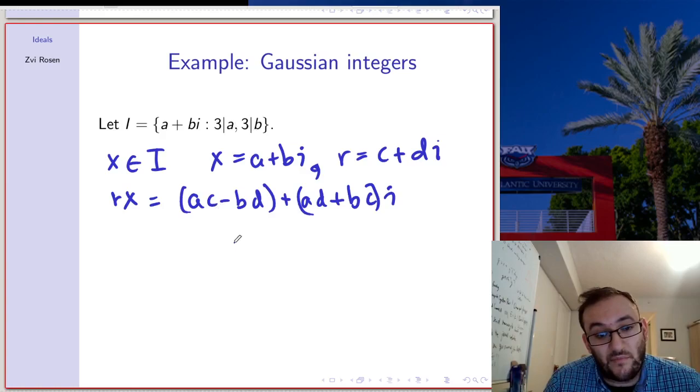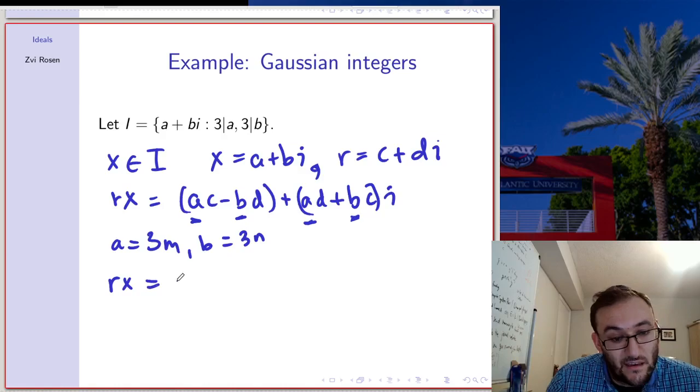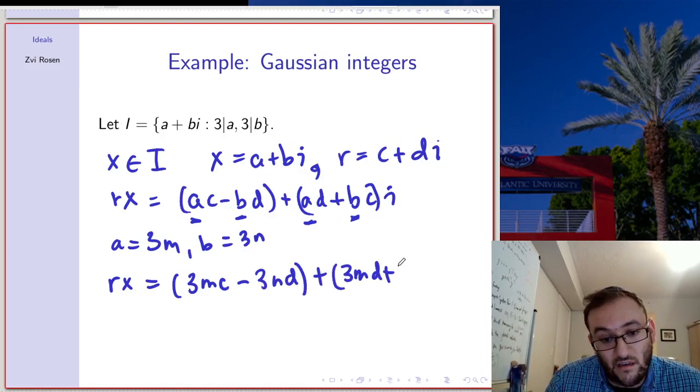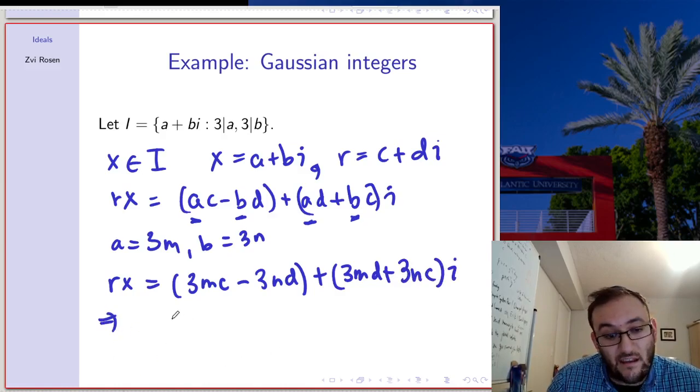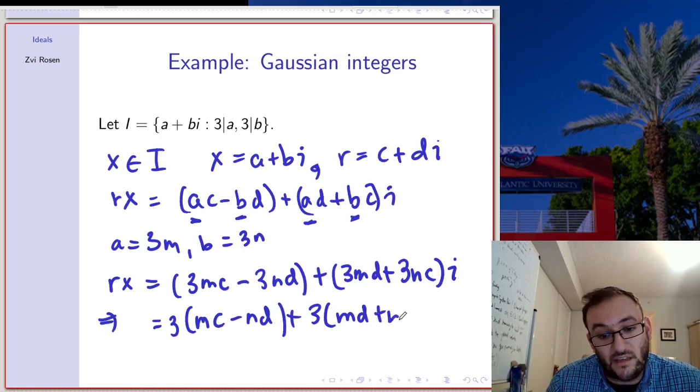Since a and b are both multiples of 3, let's write a equals 3m and b equals 3n, so that means rx equals (3mc minus 3nd) plus (3md plus 3nc) times i, which is equal to 3(mc minus nd) plus 3(md plus nc) times i.